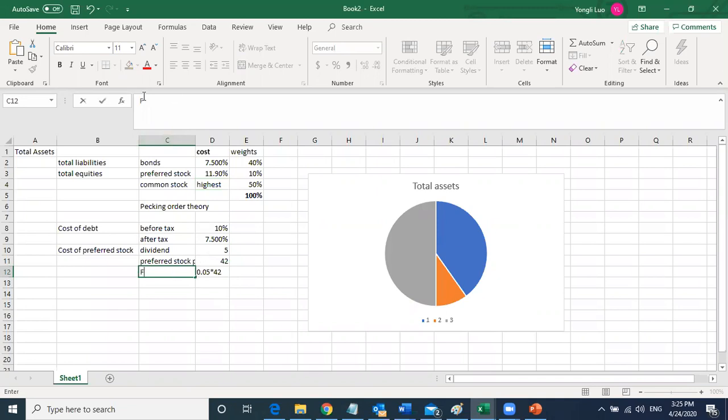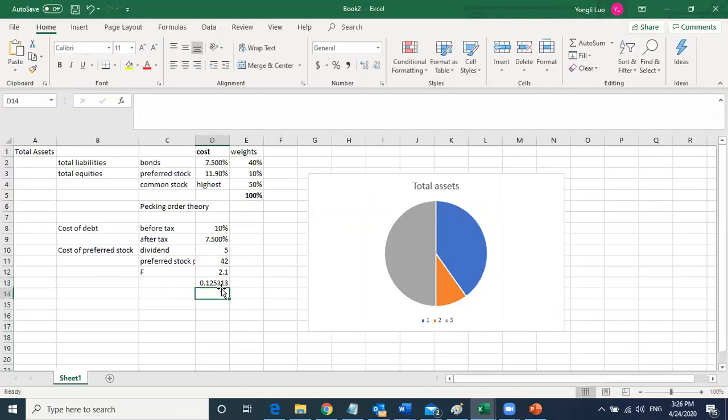So the preferred stock cost will be the dividends divided by this $42 minus your flotation cost. You change that percent into a dollar value.